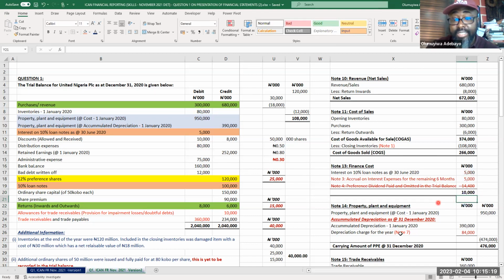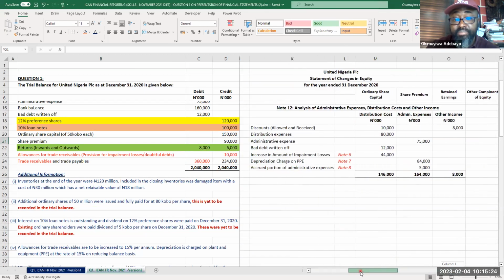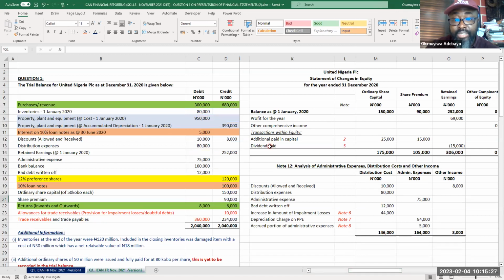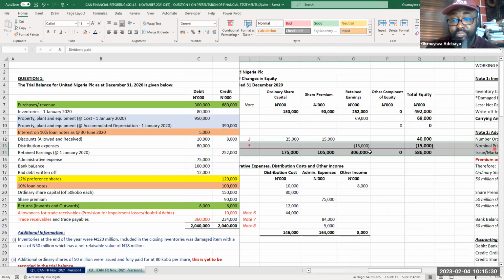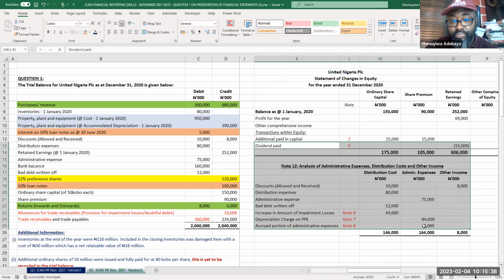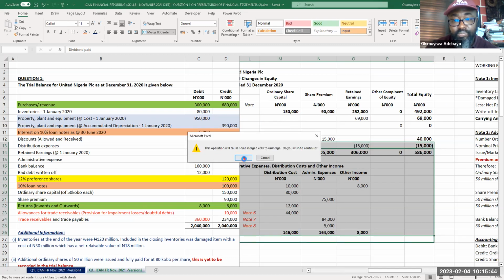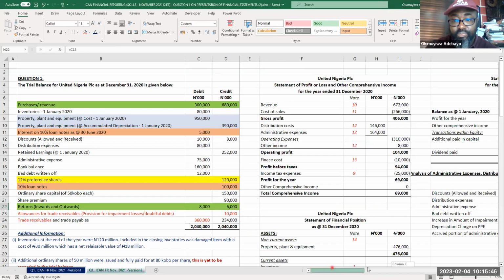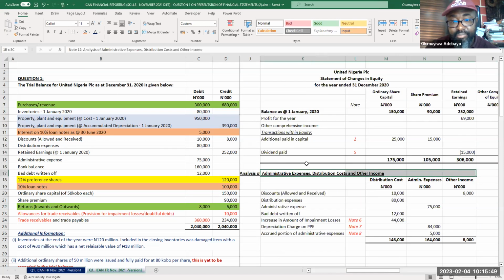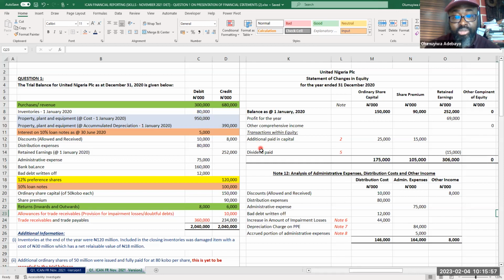Rather, when we come to the statement of changes in equity, we now split this dividend into 2. We have one as ordinary dividend, and we have the second as preference dividend. That means this dividend will be 2.